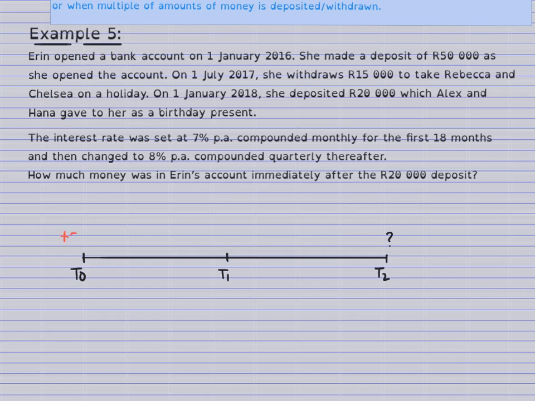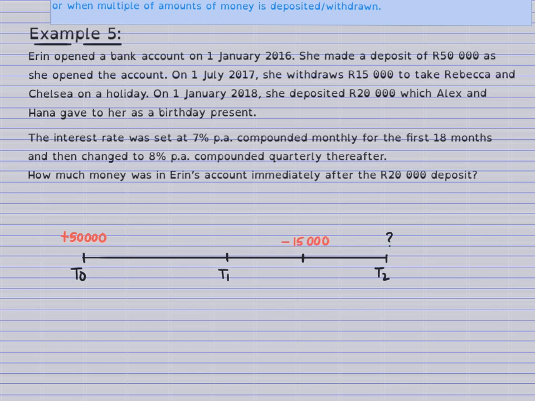She starts off with 50,000 Rand in the bank. After 18 months, so on the 1st of July 2017, so that would be here, right? Halfway between my year 1 and year 2. At that point, she withdrew money because she took her friends on holiday, right?